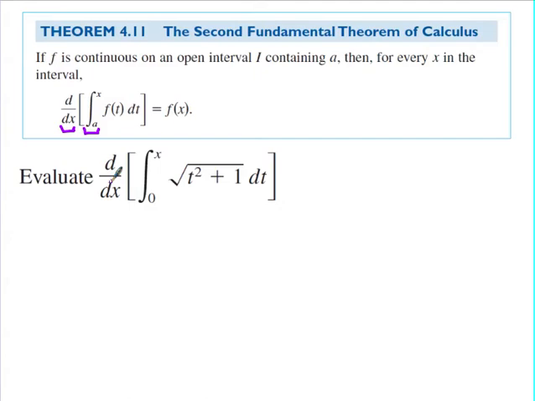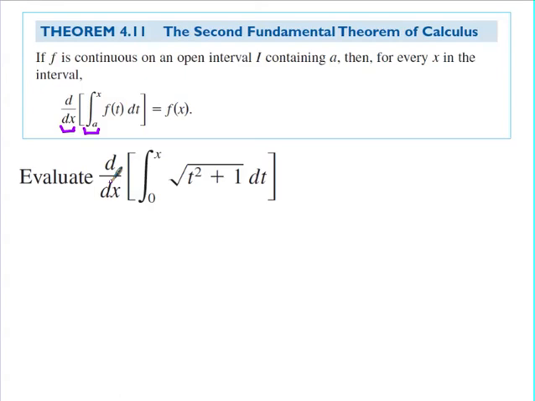Remember another word for integral was antiderivative. So what does a derivative do to an antiderivative? It cancels. So basically, your derivative is going to cancel out your integral. And so in this case it's going to equal f of x.